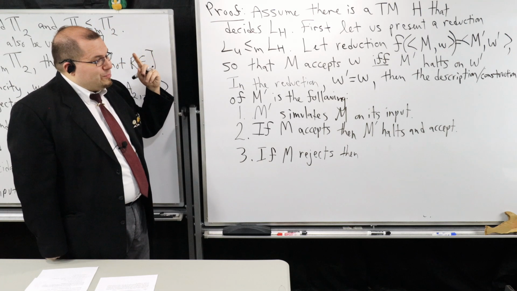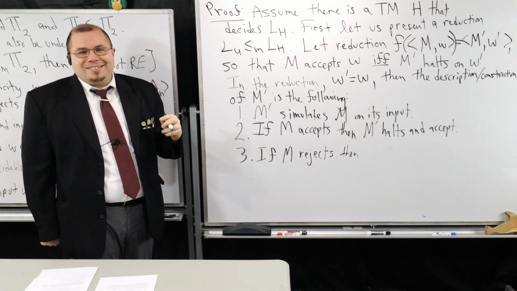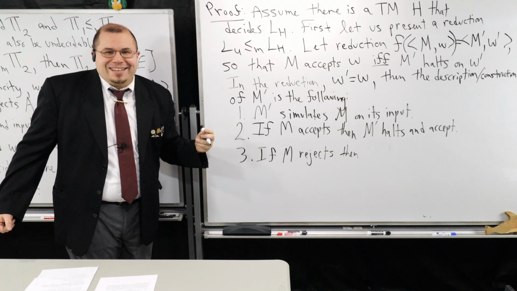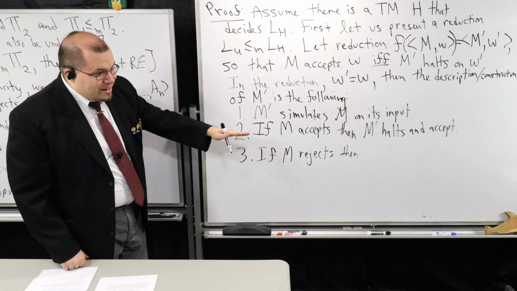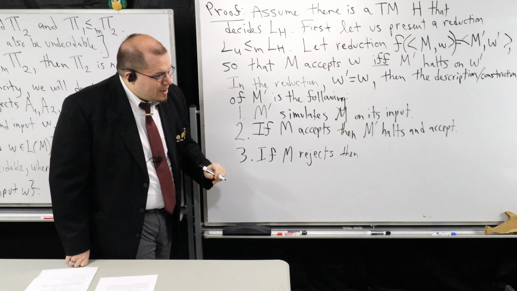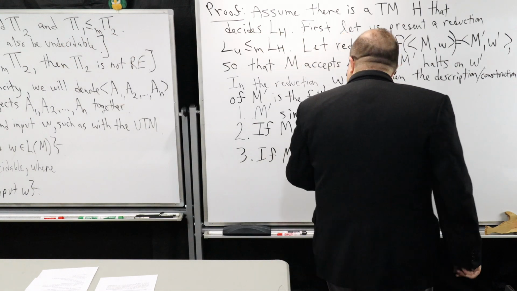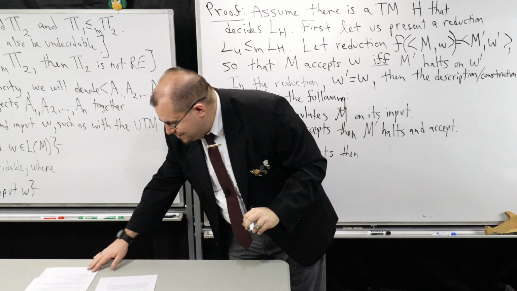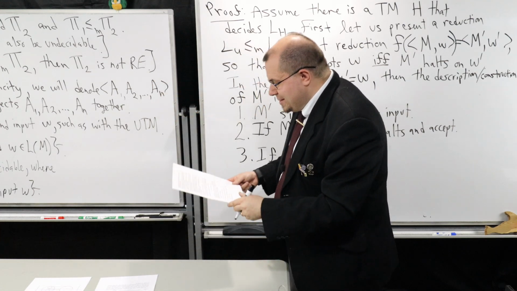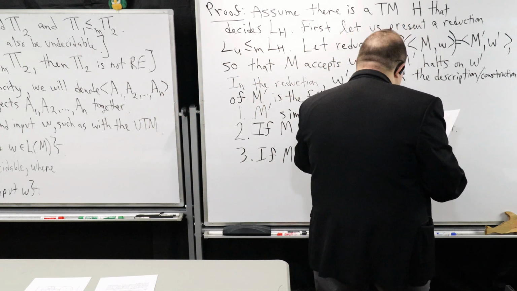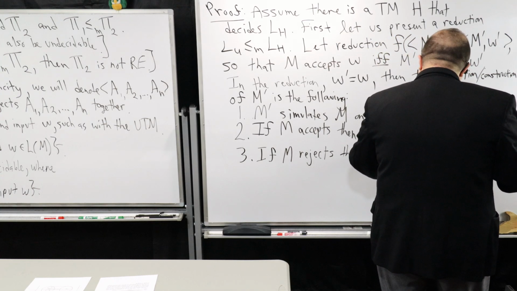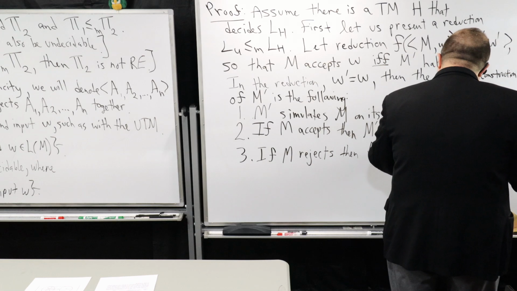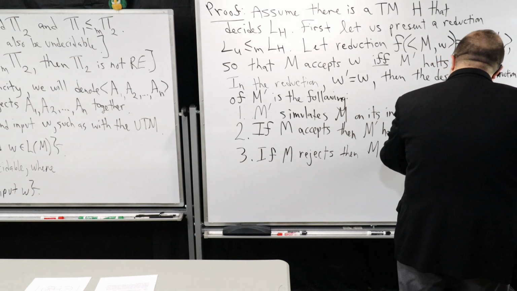However, if it rejects, then most certainly it has to be that it never halts, right? So if this rejects, then most certainly what I would like it to do is something else that's much more interesting. And I'll briefly describe how I would actually do this: M prime goes into an infinite loop.